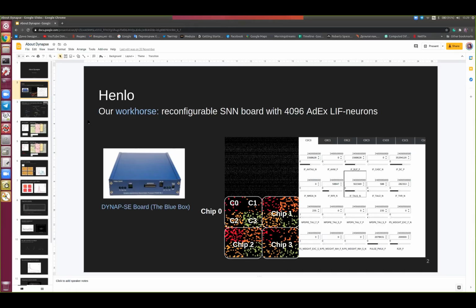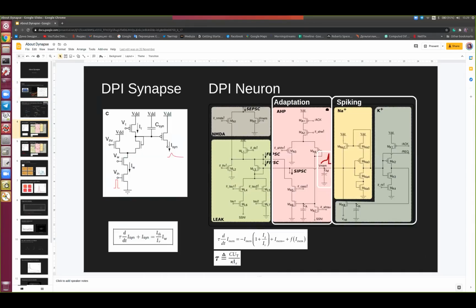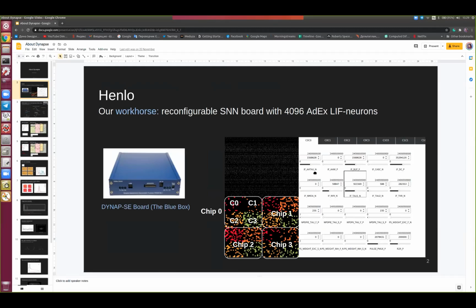And here, essentially for the leaky integrate-and-fire neuron, you have all these different controls for time constant, for DC input, for threshold, refractory period, and so on. And the idea of the chip is that you have full reconfigurability.